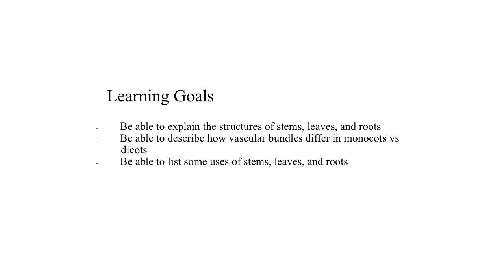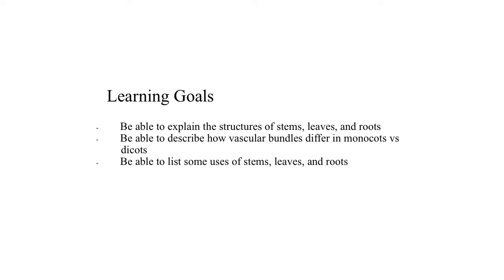The first is to be able to explain the structures of the stems, leaves, and roots. So what tissues are part of these different organs, and how do these tissues allow these organs to perform the functions that they need to do?